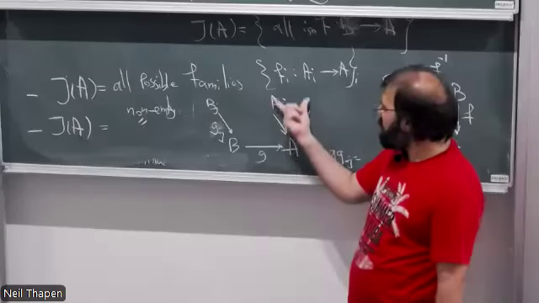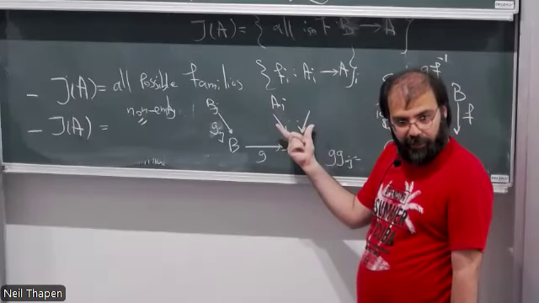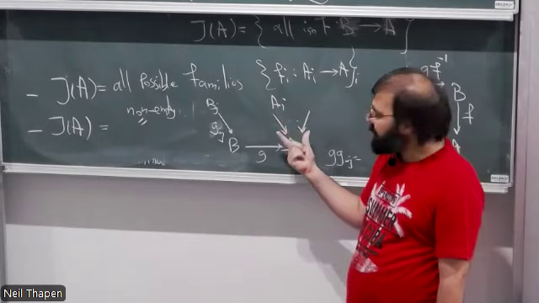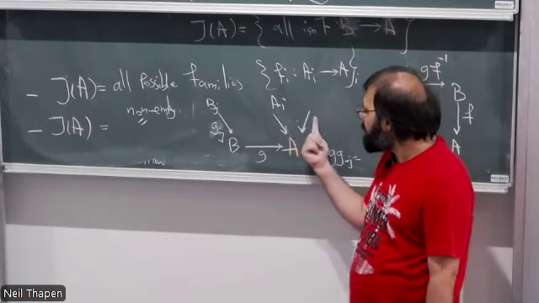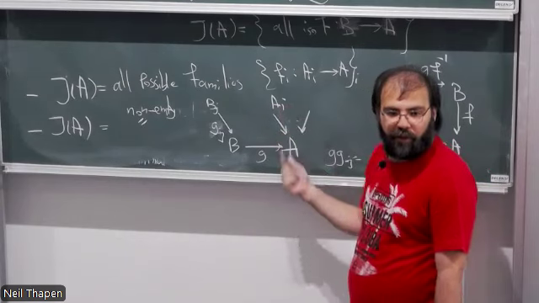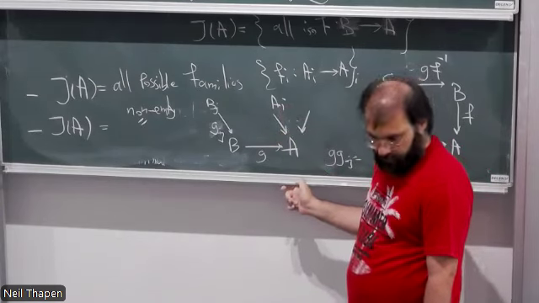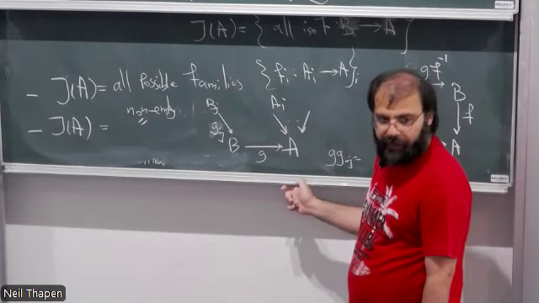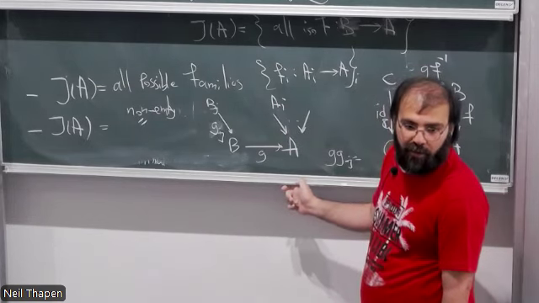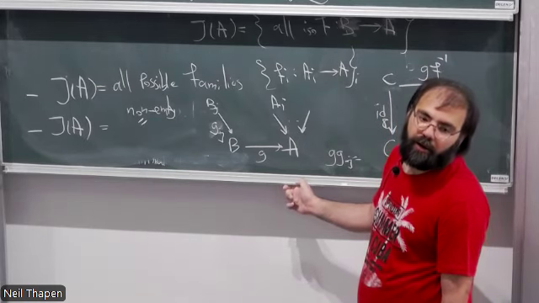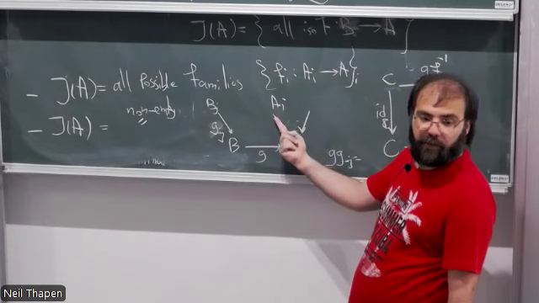So here I have all the families, including the empty family, right? But here I'm saying choose any family as long as you have at least one map. A family is a set indexed by I, yes, and I is non-empty. At least you have one map in your family.